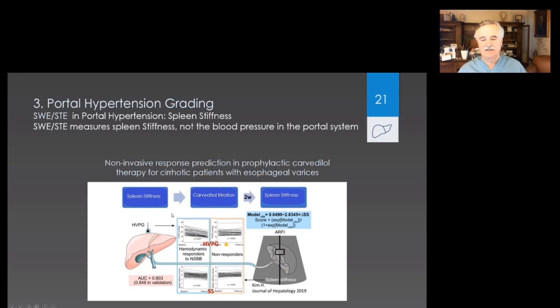We can see that this group of patients, because of this examination, we have been able to divide into hemodynamic responders and non-responders.